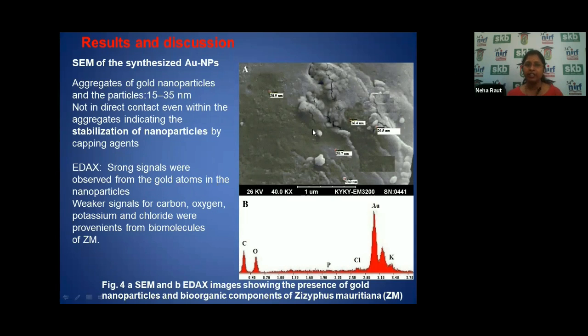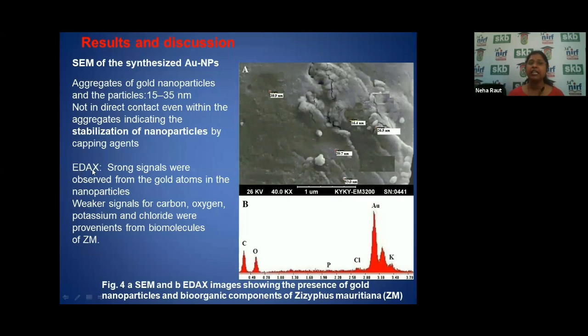They are not in direct contact within the aggregates, which indicates the stabilization of nanoparticles by the capping agent. If capping were not there, there would be aggregation of nanoparticles. So we can confirm the stabilization of nanoparticles by the capping agent.